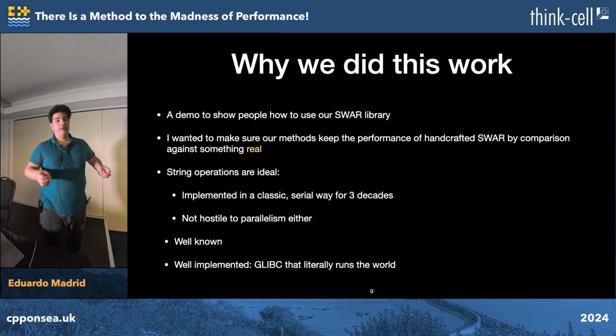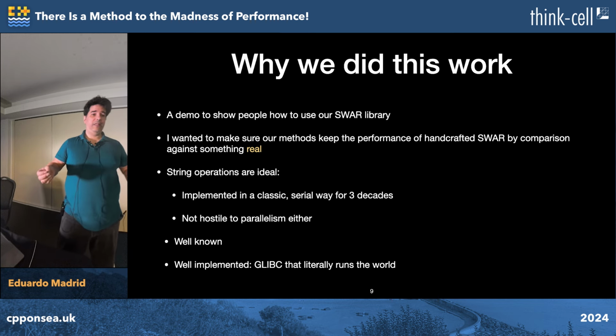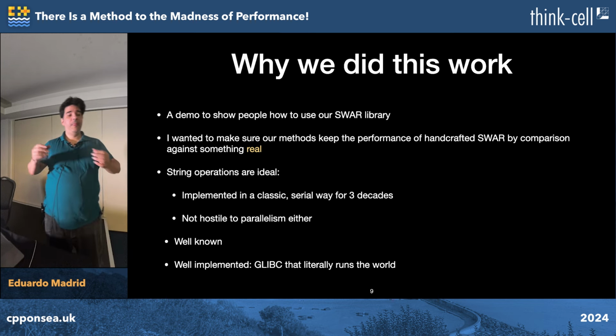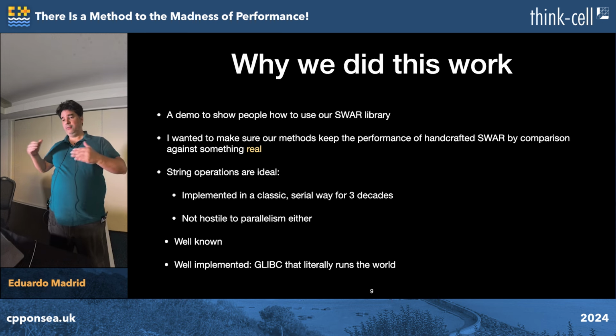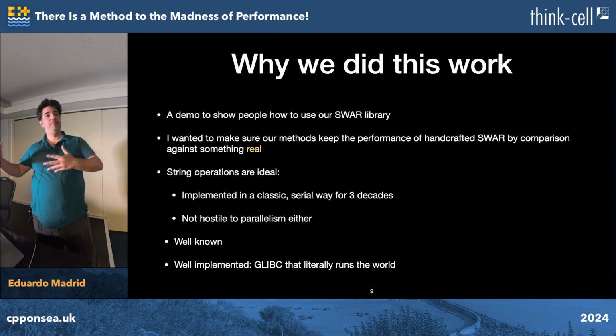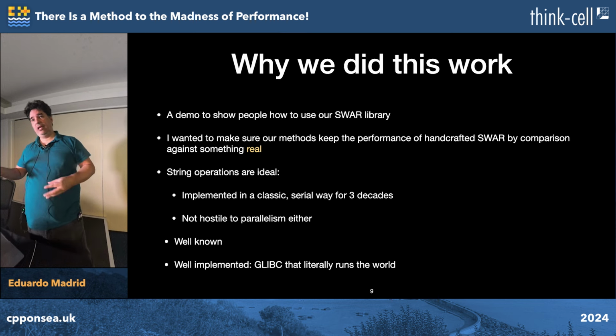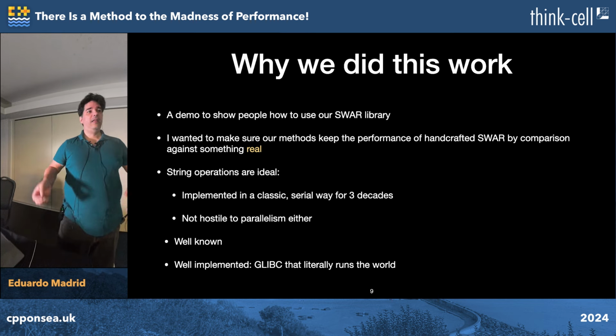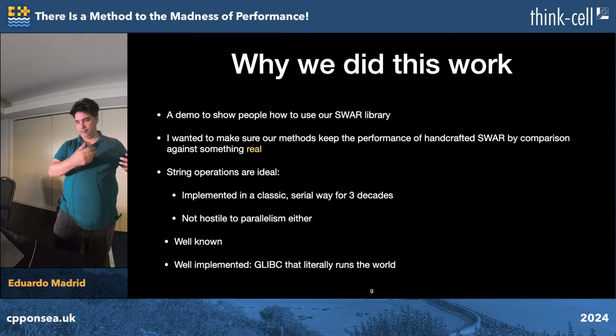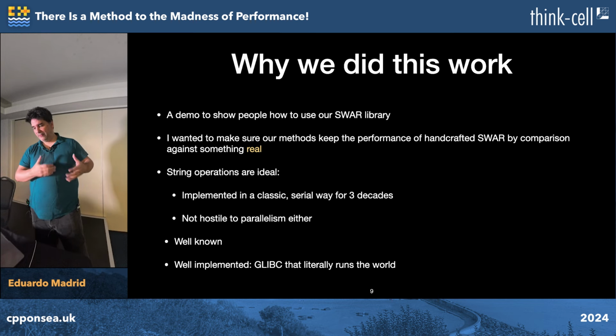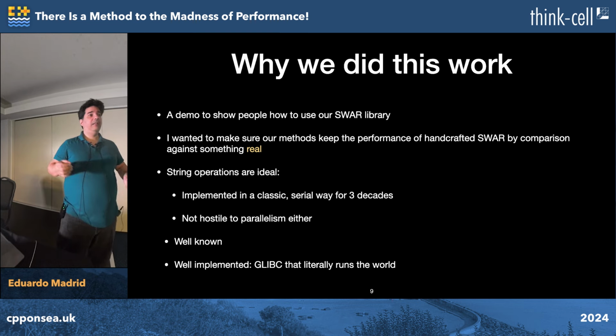At the same time, everything that we do in the SU libraries, we want that there is a very direct map to reality, that we can see how what we make in the SU libraries reflects in reality. So I wanted a comparison that in principle was a good comparison against something very real. I believe that the string operations are very good for this comparison because when they were designed, they didn't have parallelism in mind.